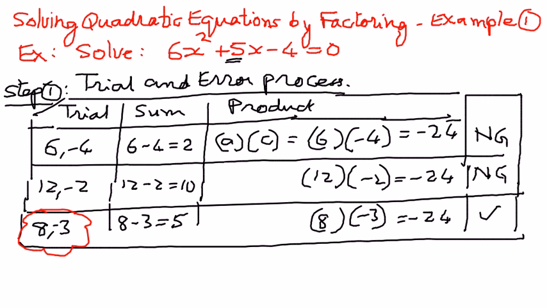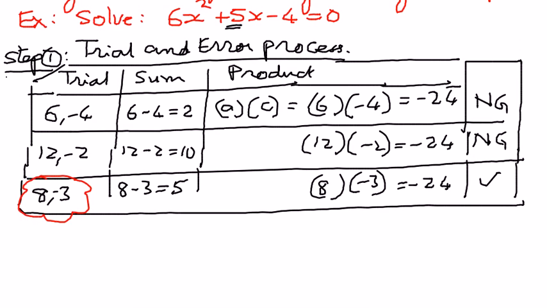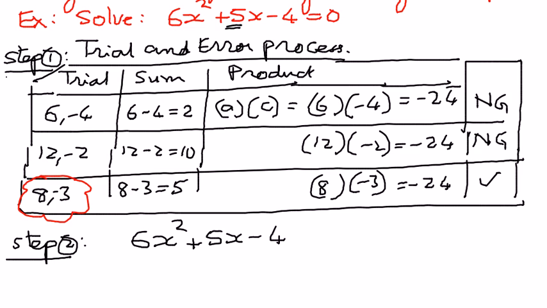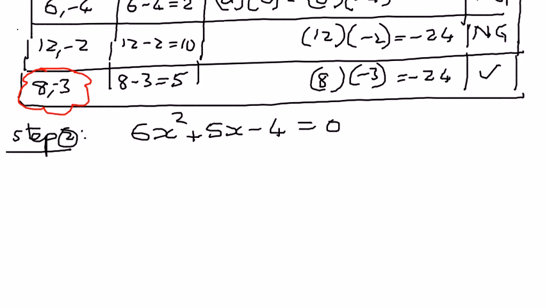So we will use these two numbers to expand the middle term. As step number 2, we're going to write down the given expression 6x squared plus 5x minus 4 is equal to 0, and the middle term we're going to expand by using these two numbers.